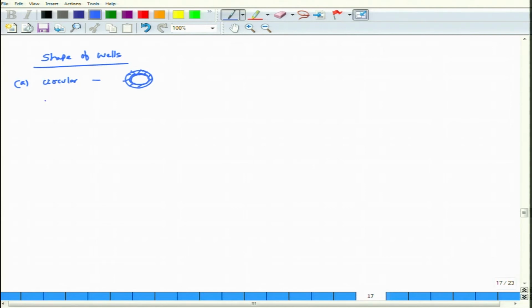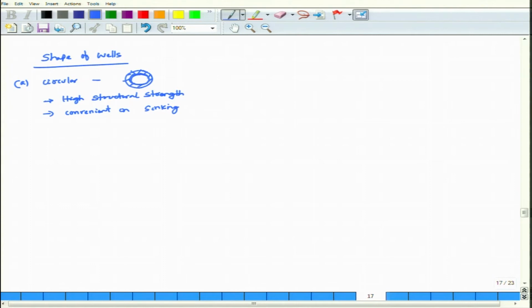What are the features here? High structural strength, and convenient in sinking, that means it conveniently goes inside the water and sinks well.